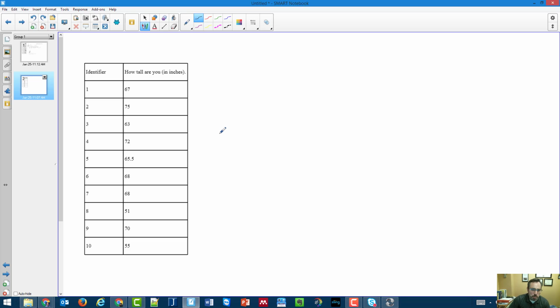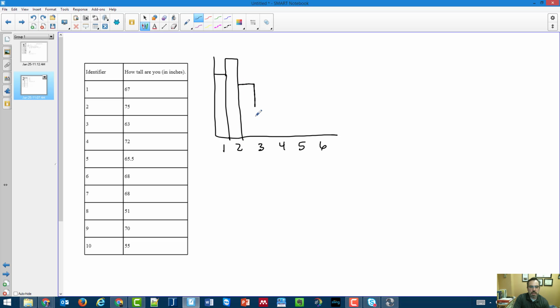Now there is a way to take this quantitative variable and draw a graph that may or may not be useful. One way to do this, kind of just a bar graph with the quantitative, would be to actually throw all of the people on here. Okay, and so number 1 is 67 inches, and number 2 is 75 inches, and number 3 is 63 inches.